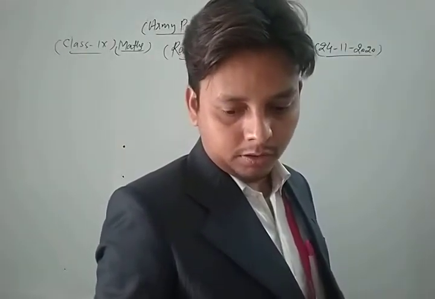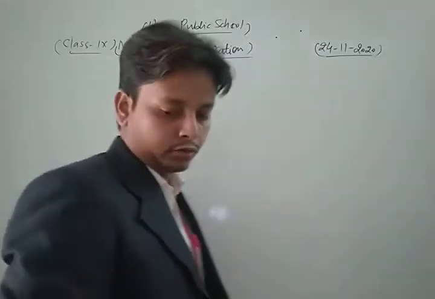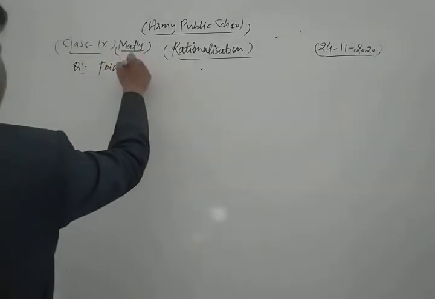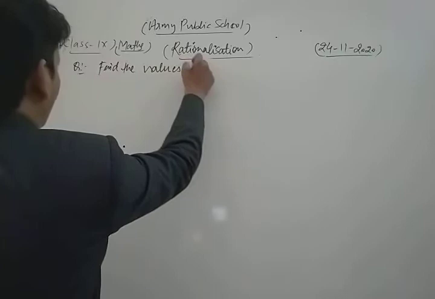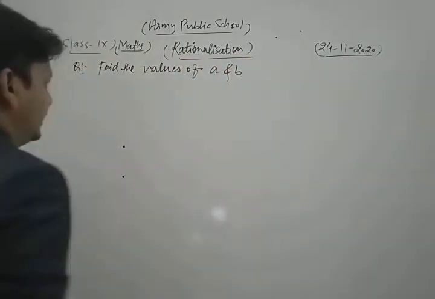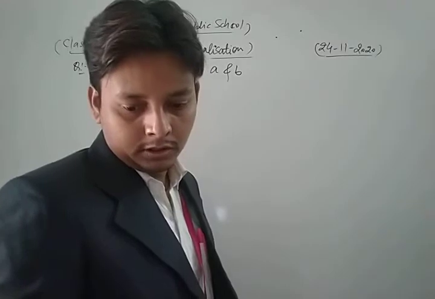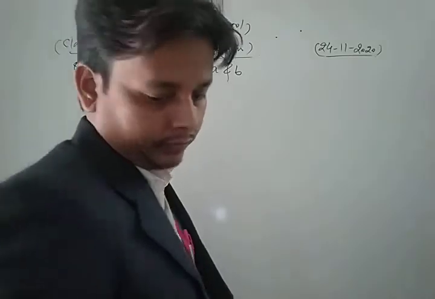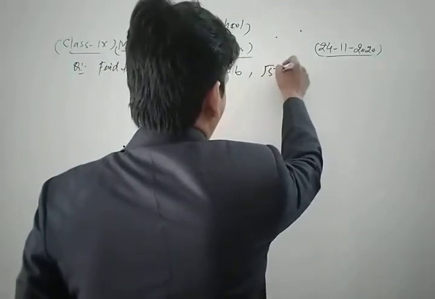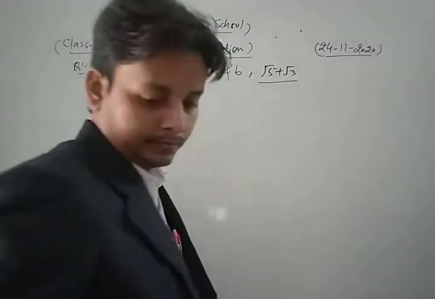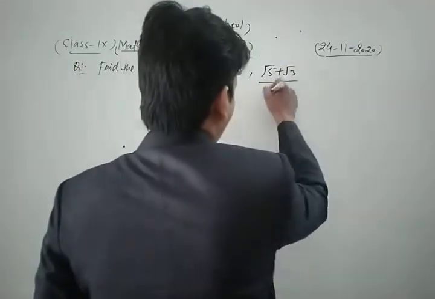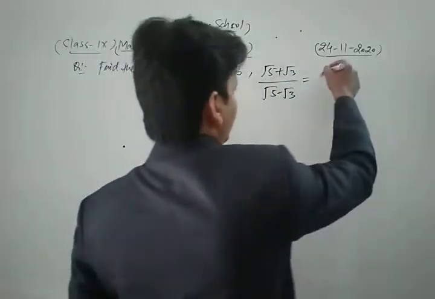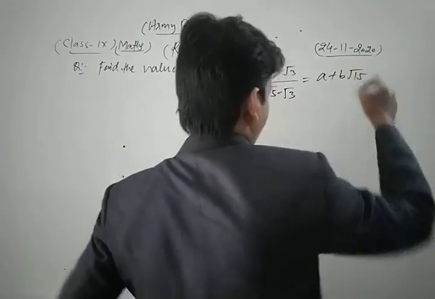Find the values of a and b. The question is: find the values of a and b, and your expression is root 5 plus root 3 upon root 5 minus root 3 is equal to a plus b root 15.